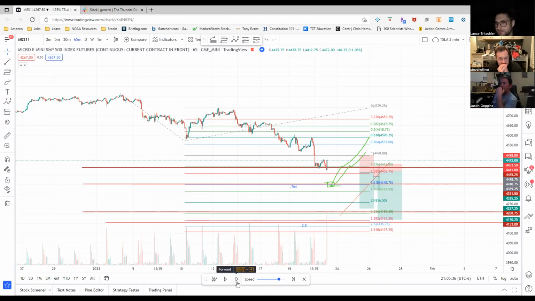But if it hits the 1.236 and then retraces up here and then comes down to the 1.618 as the wave 5, so be it. But I'm not playing it until I get a 5, because I don't trust this level. I trust this level and I trust this level.